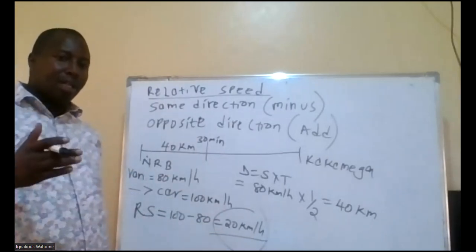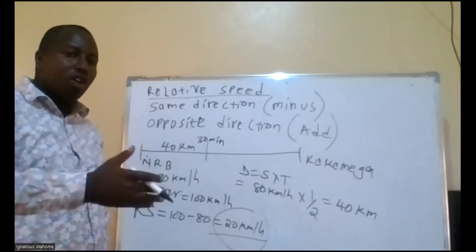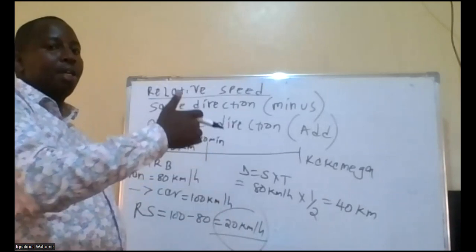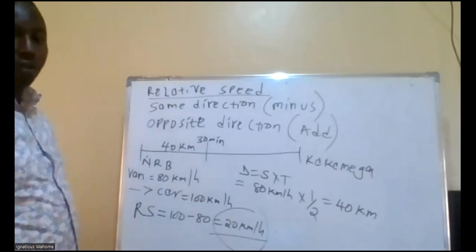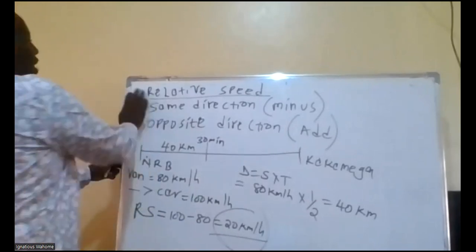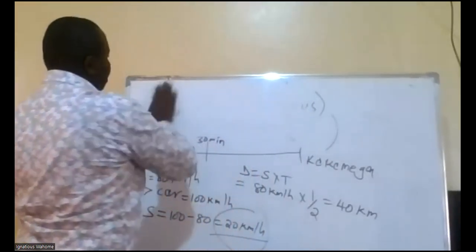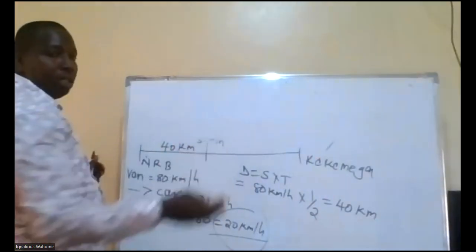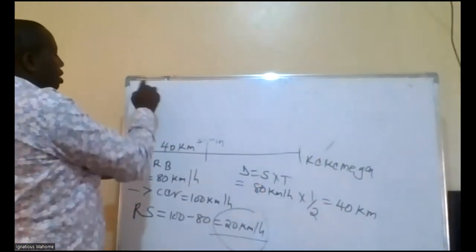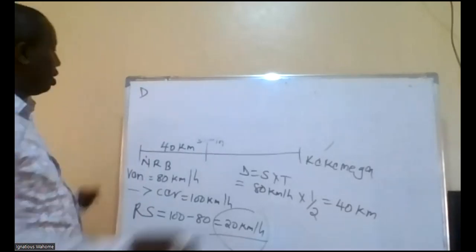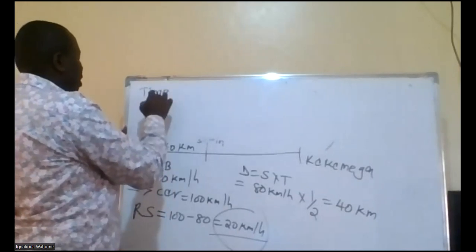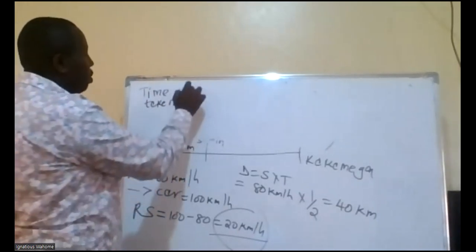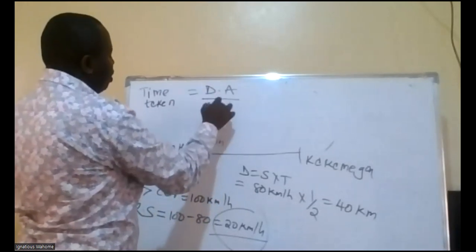We are now answering question B. The distance the car traveled in order to catch up with the van from Nairobi. For you to find the distance covered by the car to catch up, first find the time taken to catch up. Time taken to catch up would be equal to distance apart over relative speed.